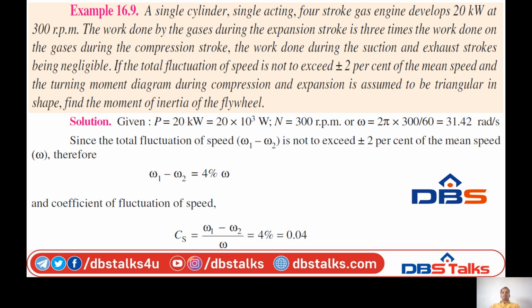Both have some variation, so we have to keep a reminder of on the system or by the system. Then work done by the system is 3 times the work done on the system during the compression stroke, the other strokes being negligible.